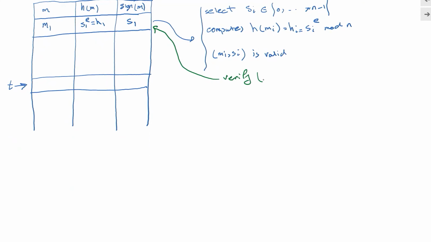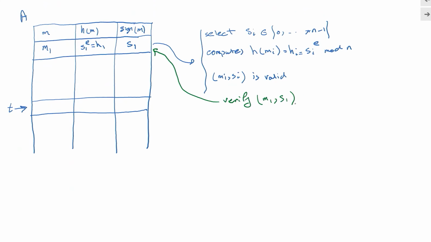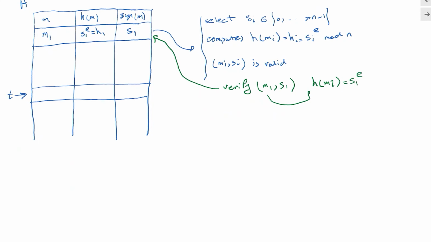He takes this message M and S1, and he computes H of M1. He's going to query this table, this oracle, and ask what is the hash of M1? We would return S1 to the E, right? And what is the signature? S1.